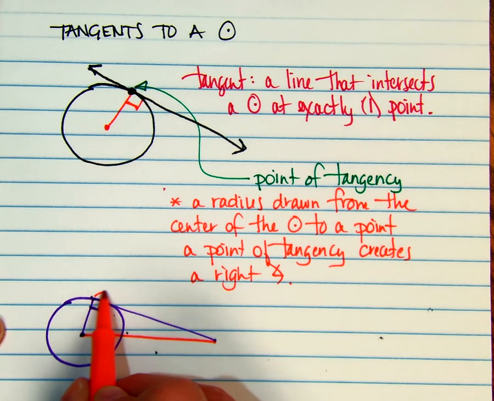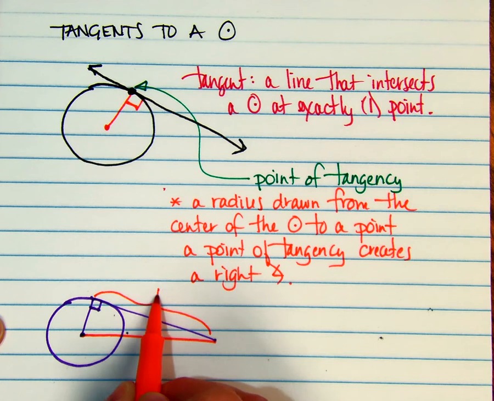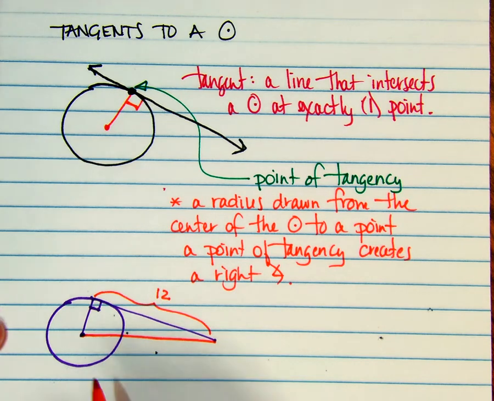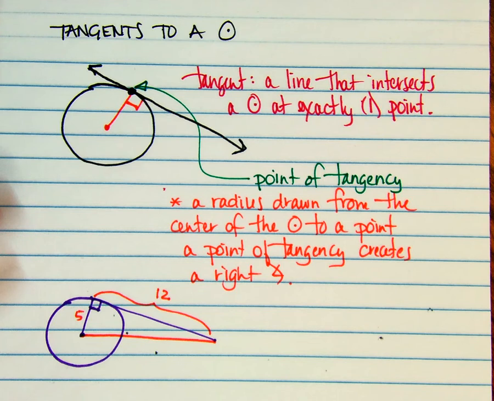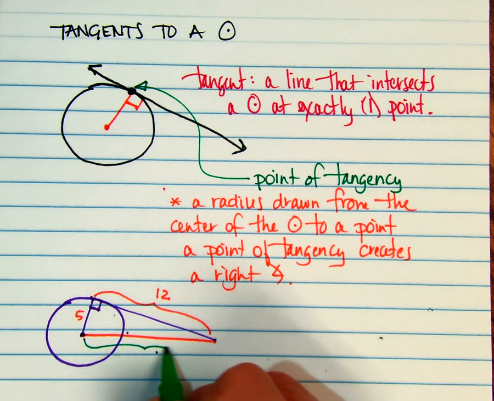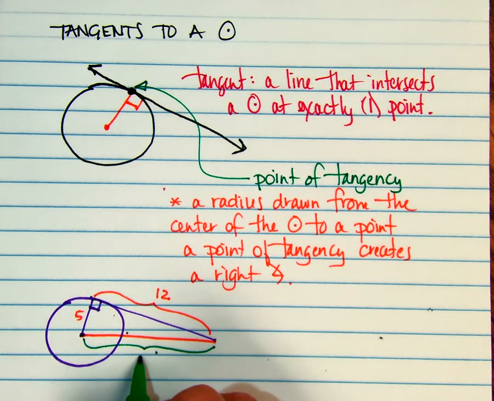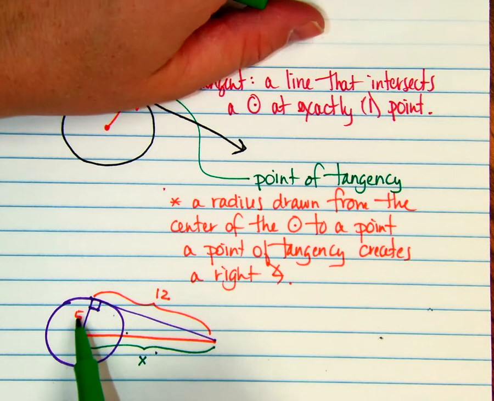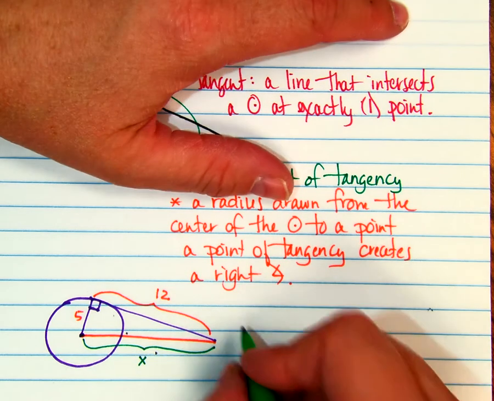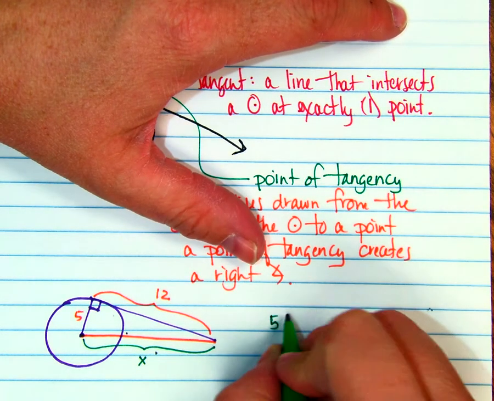So let's say that this whole piece is 12 and the radius is 5. Then how long is that? We're going to label that as x. Because you have a right triangle, you have 2 of the 3 sides. It goes right back to the Pythagorean Theorem.